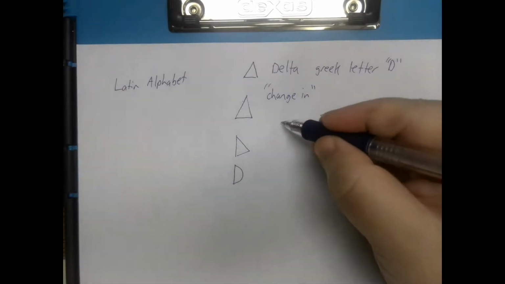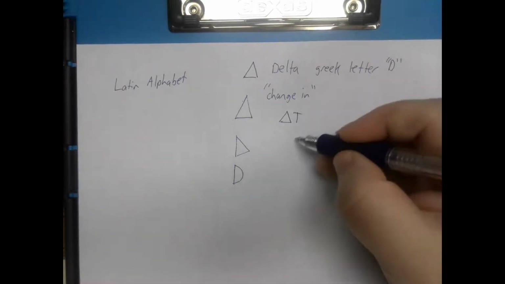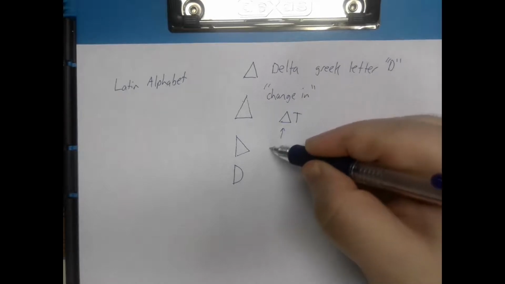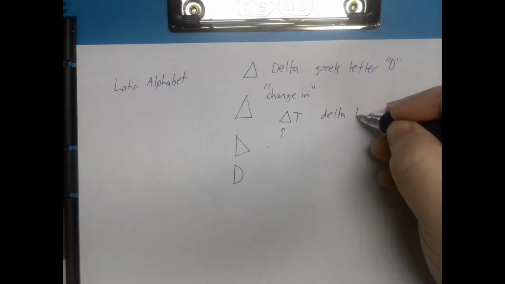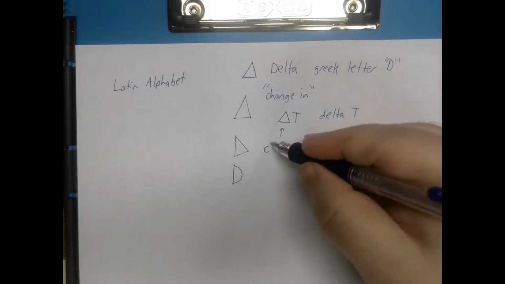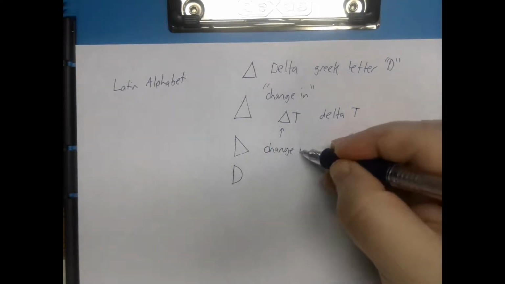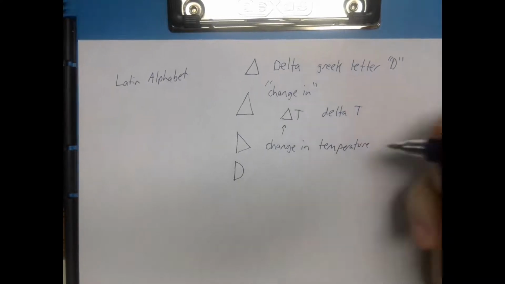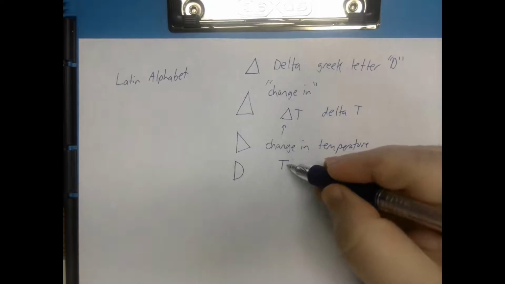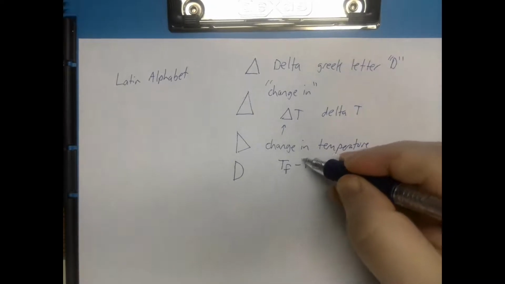So if I were to write delta T, this means change in temperature. So that would be final temperature minus initial temperature.